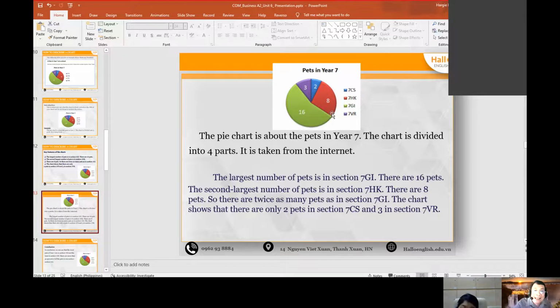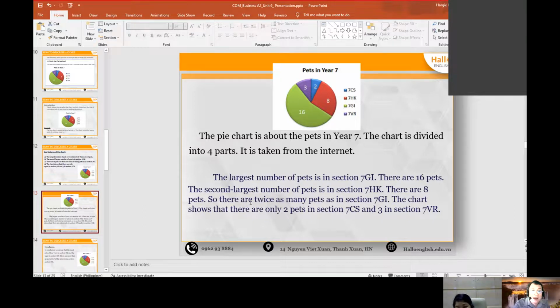Then the second largest number of pets is in section 7HK. So the second would be this one, right? And then what's the result? You are going to say there are 8 pets.